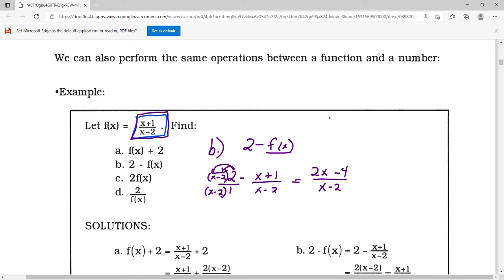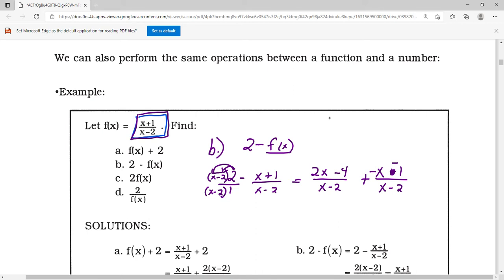And then we're subtracting x plus 1 over x minus 2. Now remember, we went over this last year. If we wanted to make this be a positive, we can make that be a positive, and then we change these signs, so those become negative.